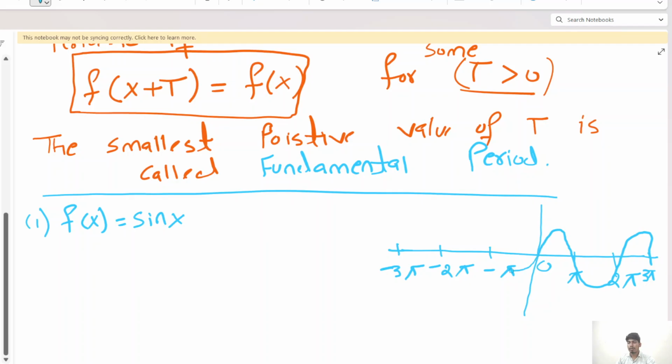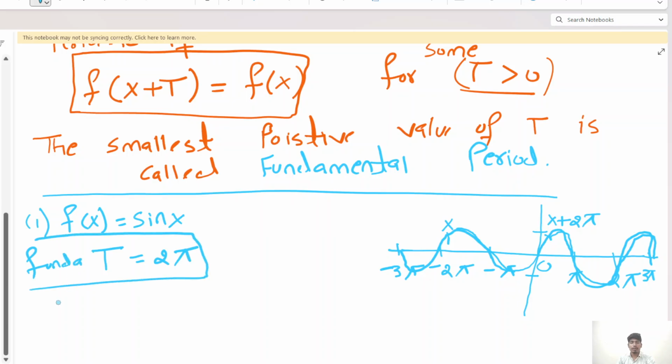This is the graph of the sine function. This is 1 and this is minus 1. Let our point x be here. Then we add 2 pi, so x plus 2 pi is here. After that we move x, and the value of f(x) is the same. So the fundamental period of this function is 2 pi.